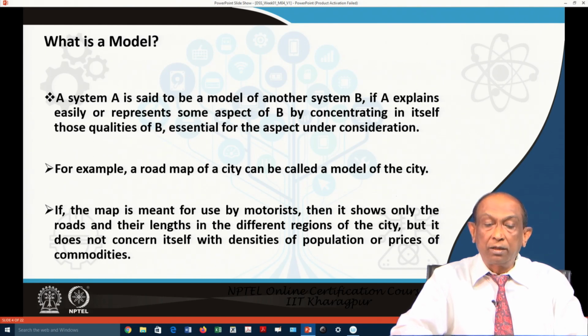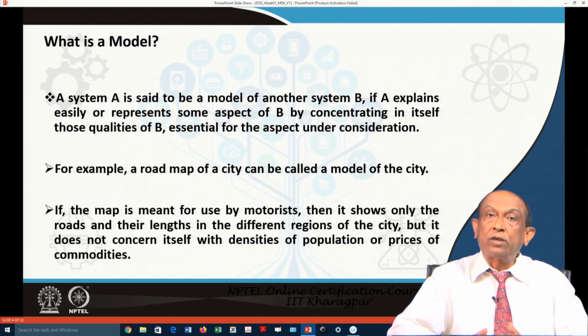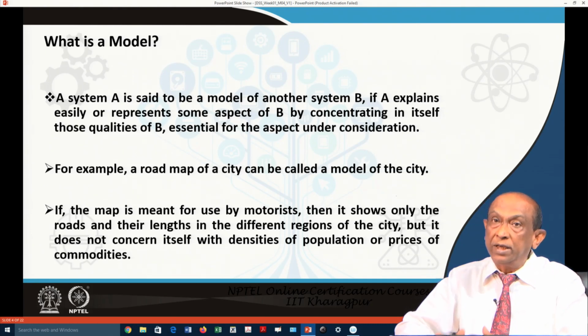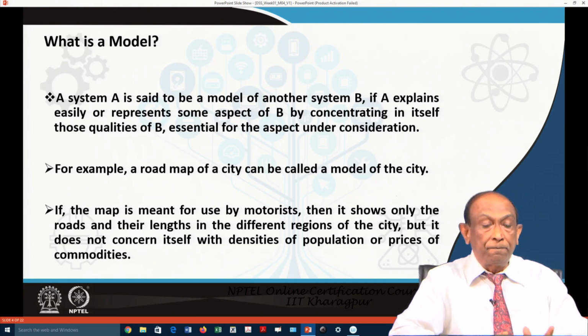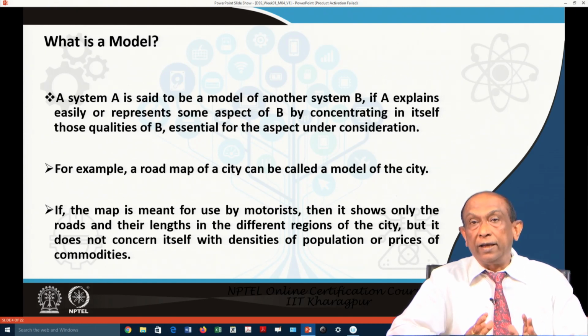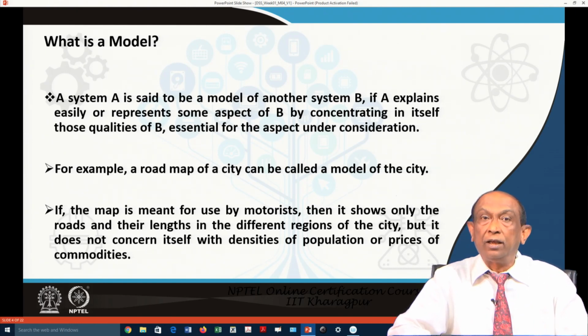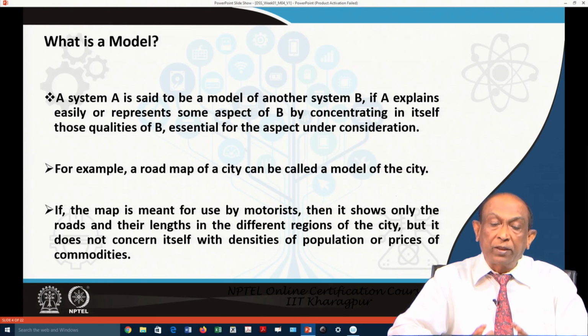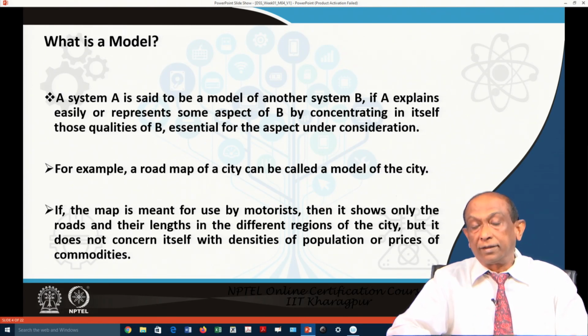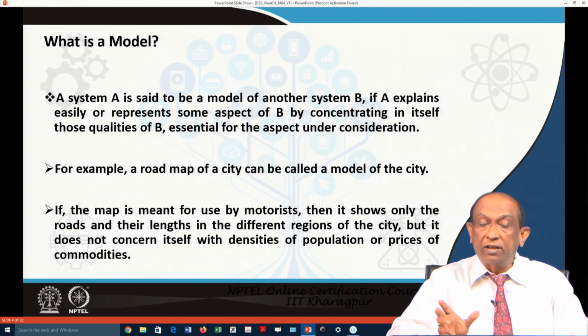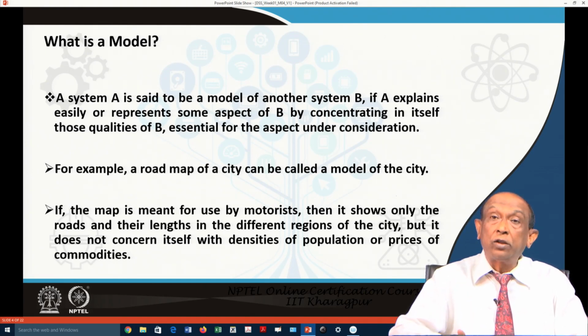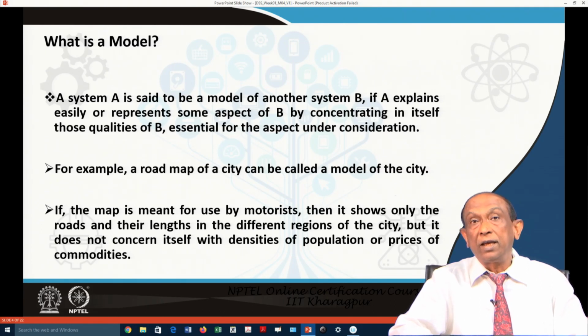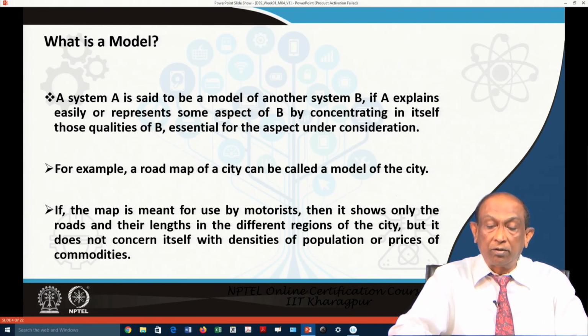Once again I repeat, a system A is said to be a model of another system B if A explains easily or represents some aspect of B by concentrating in itself those qualities of B which are essential for the aspect under consideration.